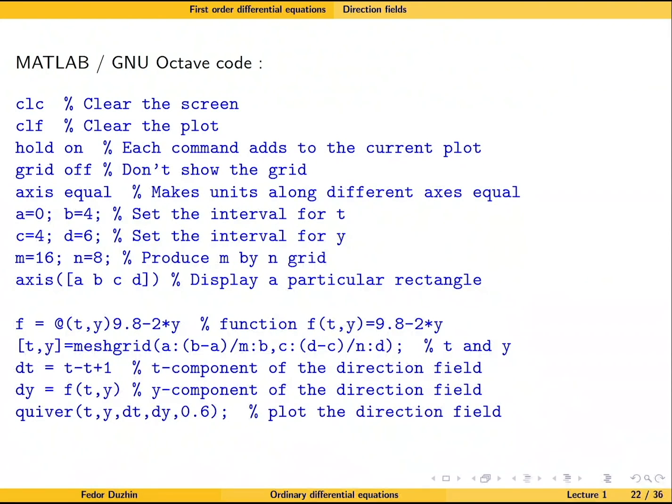Well, now it is extremely important to know how to plot direction fields and how to relate a direction field to a differential equation and how to extract qualitative information from a direction field. But here is a little MATLAB or Octave code for you.